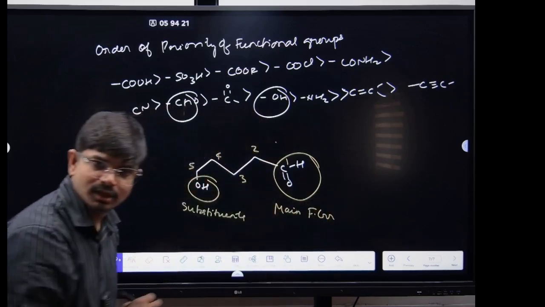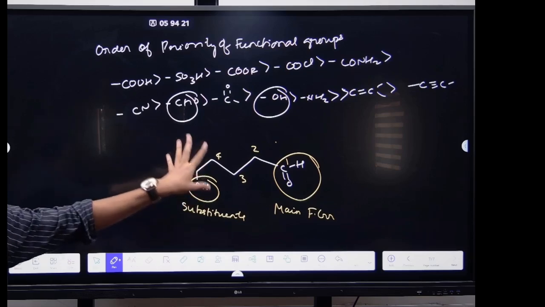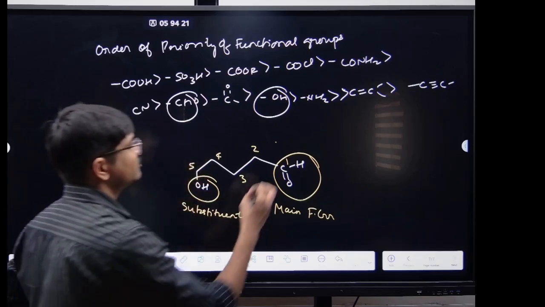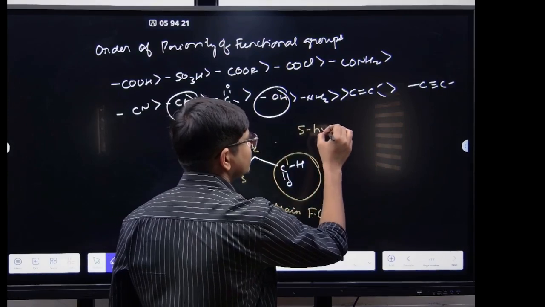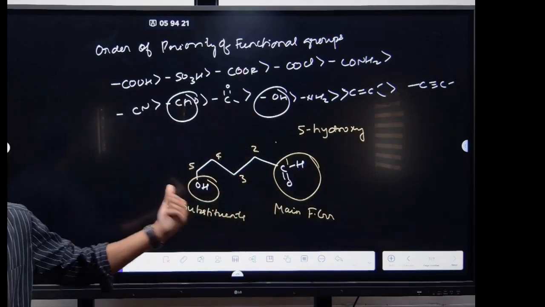Clear? So this will be treated as a substituent, right? If OH is used as a substituent, then I have to write it as 5 hydroxy. This will be treated as a 5 hydroxy. Now this will be turned into the prefix.